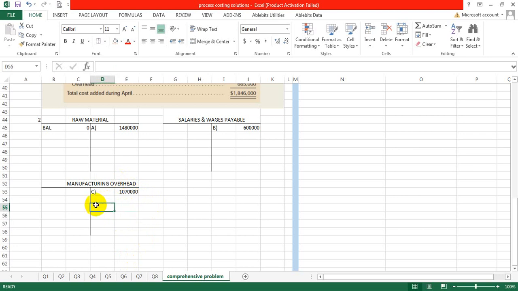Okay, now next is my work in process department, that is base fab and now the second is finishing department.